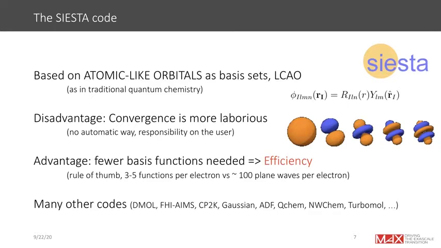Again, not new, and many other codes use similar technologies of atomic orbitals as basis sets. Of course, most of the quantum chemical ones, and you have here some of them, QChem, NWChem, ADF, Gaussian, Turbomole, but also some that come more from the physics community like DMol, FHI-aims, CP2K, that are codes you may know in addition to Siesta.